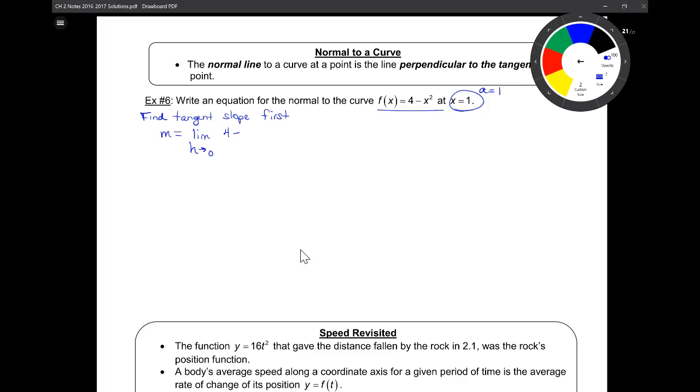So it's f of 1 plus h, so it's going to be 4 minus 1 plus h squared, minus f of 1, so 4 minus 1 squared, which is 3, and that's over h.